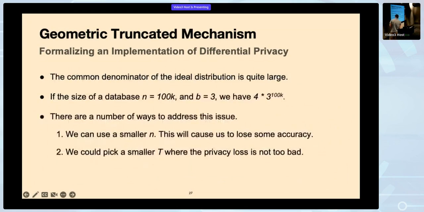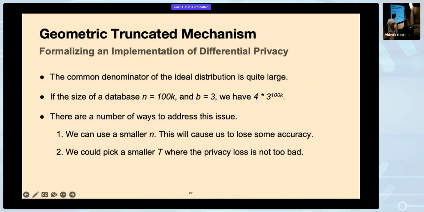Now, there is still a problem here, and that's that the common divisor of our ideal distribution is huge. Suppose that your database had 100,000 rows in it, and you set alpha to 1/3. Then correspondingly, you have to set t to 4 times 3 to the 100,000. That doesn't seem very practical in terms of efficiency of your implementation.